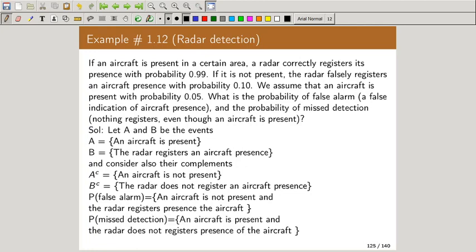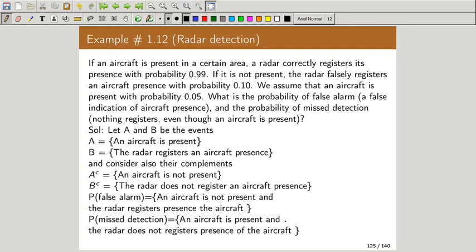Now, what is a missed detection? Missed detection means there is an aircraft, but our radar could not identify its presence. An aircraft is present and the radar does not register the presence of an aircraft.